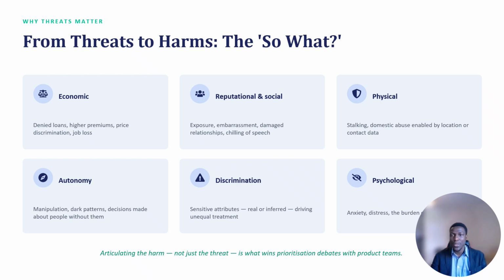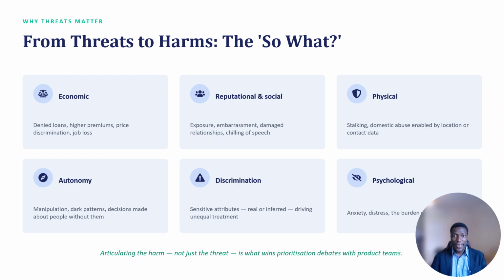So it's always important to ask, what does this feature give an abusive ex-partner, for example? I found that in privacy threat hunting, it's a question that actually helps in finding real issues.